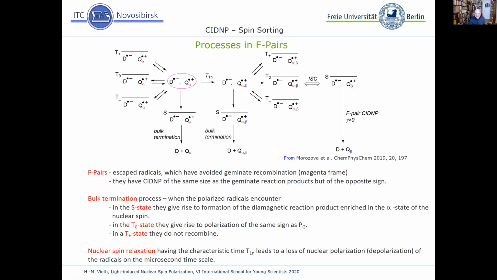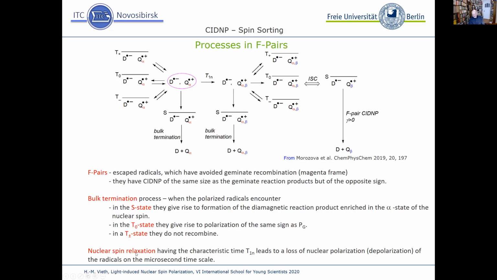So we gain again beta polarization, whereas in the T plus state of encountering, they have no recombination and may have to wait for another encounter. So we have three different back reactions once they are in the S state, in the T0 state, or in the T plus state.